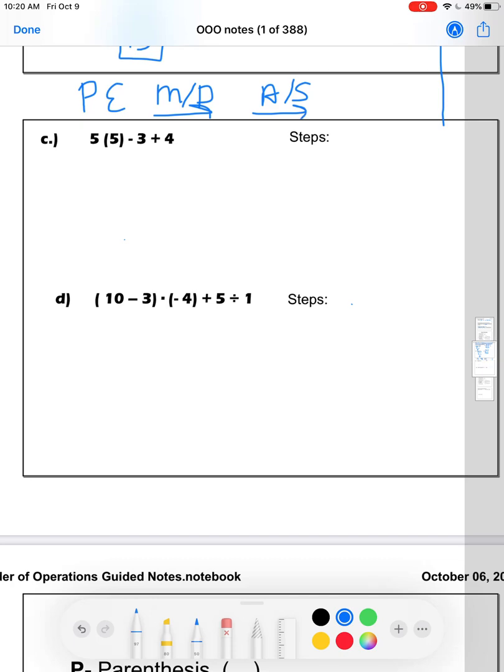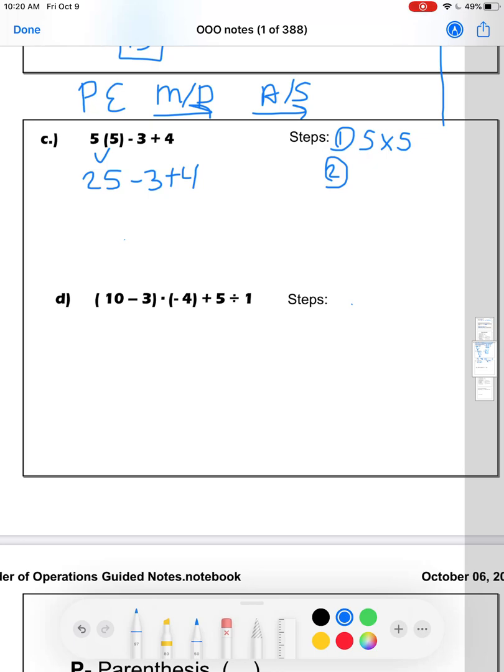All right, so our next problem is 5 times 5 minus 3 plus 4. So we don't have parentheses, we don't have exponents, we do have multiplication, so we have 25. Bring down what you didn't use. So step number 1 was 5 times 5. Step number 2, there's no division, so we'll go to addition and subtraction.